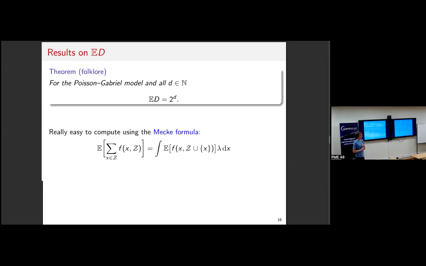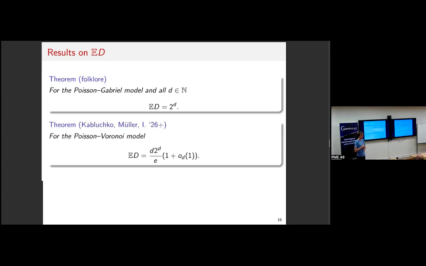So far, it was only known in dimension 2, where the value is 6, and in dimension 3, where it's some very ugly fraction. What we show is how the expected typical degree behaves as the dimension grows to infinity. It's asymptotically 2 to the d divided by e. I hope you all paid attention, we already saw those numbers before.